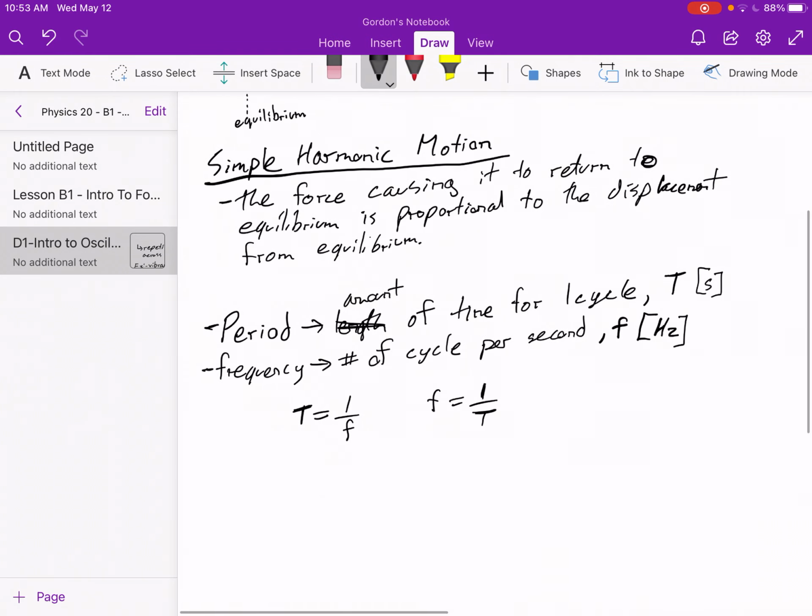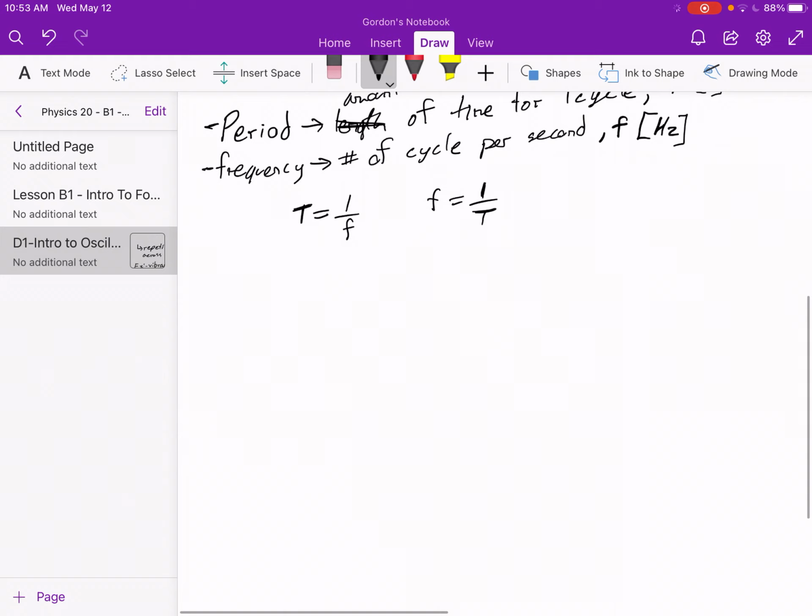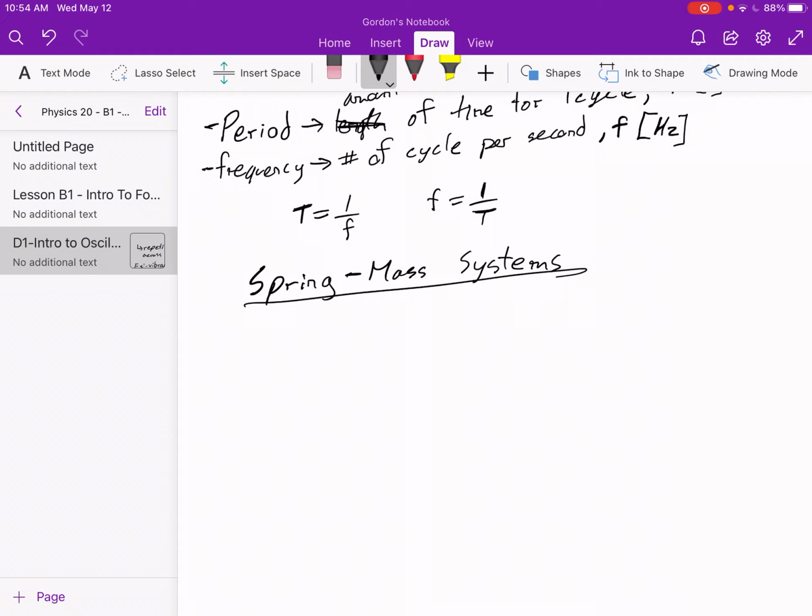Okay, so let's talk about springs first. We'll talk about spring mass systems. First of all, we'll call this case A. We'll talk about what happens if they are horizontal.